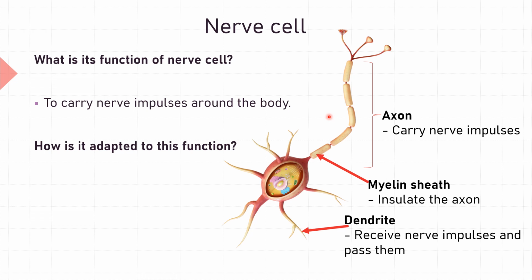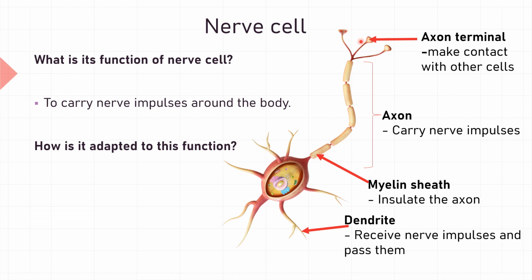Copper is a conductor of electricity, and you need some kind of protection around it, which protects not just you but also devices. This protection is like rubber. Something similar applies to nerve cells. They don't have rubber, but they have something called the myelin sheath, which is an insulator of the axon. And the last part, these ends, is called the axon terminal.